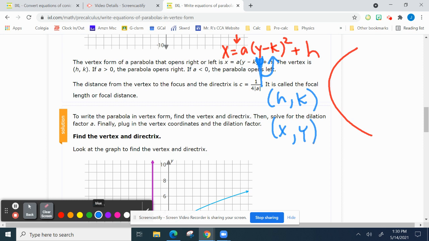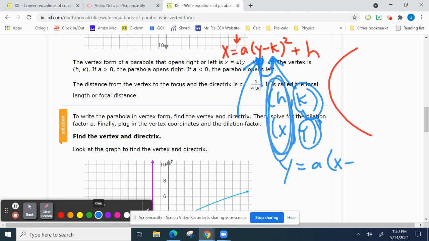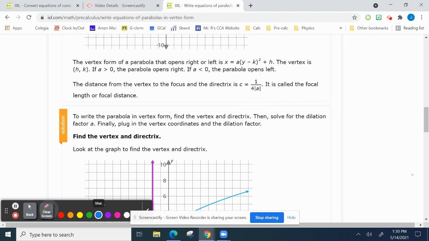So if there's a y here, that means you have to put the k in there. If this was y equals a times something, now what would go there? The h, because that's the x component. So x minus h squared plus k. So that's how that works.